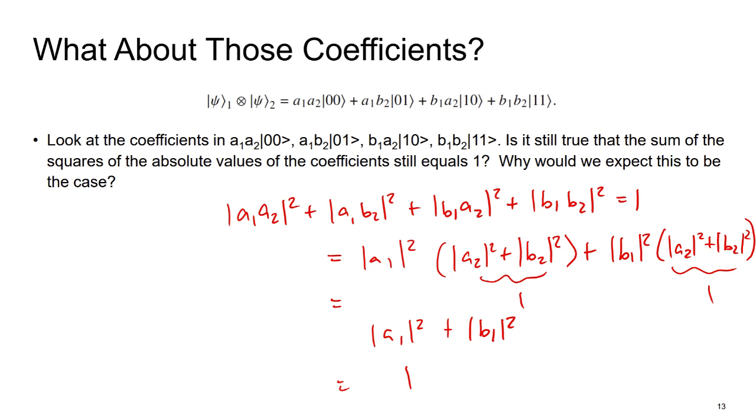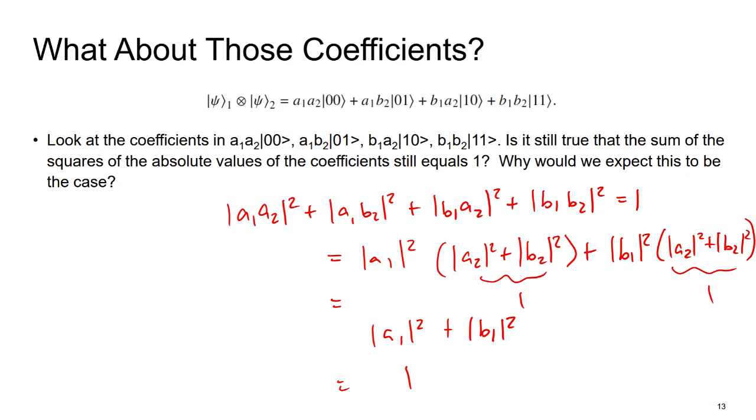So if we did the sum of the squares as before, we would have |A1 A2| squared plus |A1 B2| squared plus |B1 A2| squared plus |B1 B2| squared. And we would hope that that would equal 1. And of course it does.